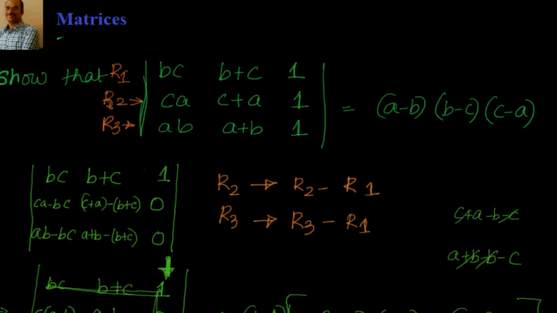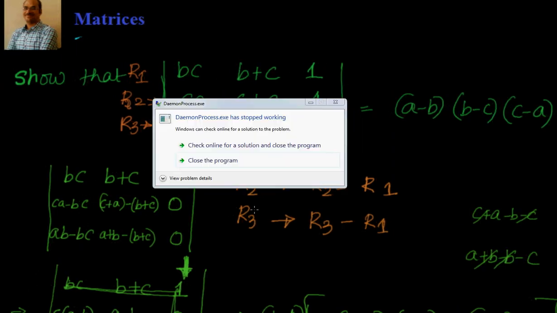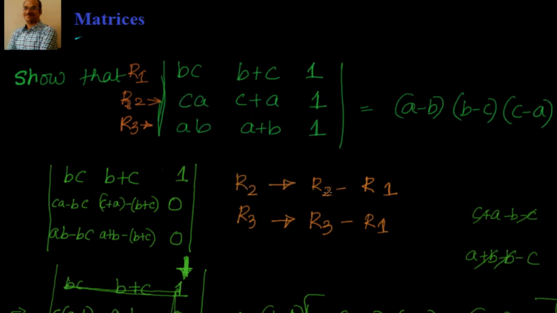The only thing you have to understand here is why I have written R2 as R2 minus R1 and R3 as R3 minus R1. Because I want to make the third column as much as possible zeros, so that evaluating the determinant becomes easy.